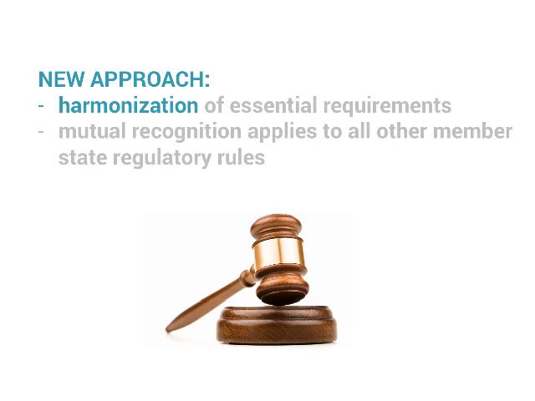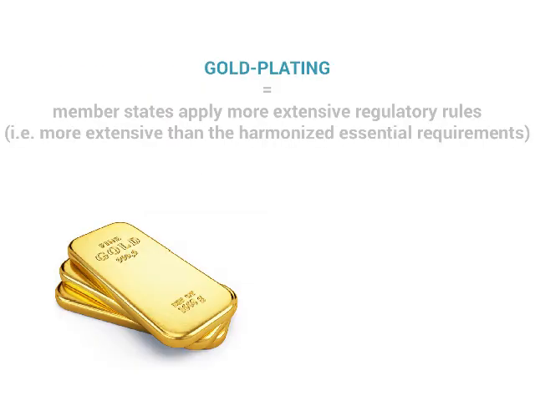Then, second, once this basic pan-European regulatory standard which applies to all member states is in place, the principle of mutual recognition applies to all other member state regulatory rules that have not been harmonised. Thus, a product manufactured in a member state in compliance with EU harmonised rules can then be sold throughout the EU. In other words, mutual recognition is applied on a bedrock or a foundation of harmonised rules.